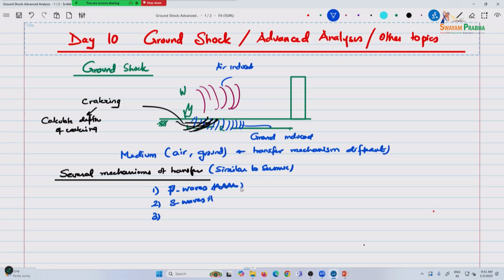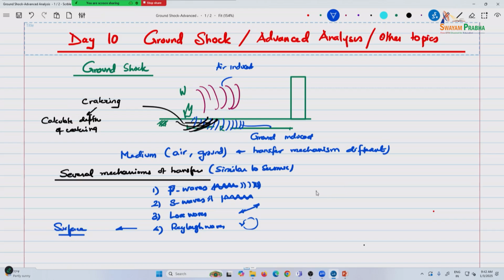Sorry, the motion is in this manner, and S waves are like a string. Then you have the Love waves, which are transverse motion, and finally the Rayleigh waves, which are circular in direction, especially on the surface.